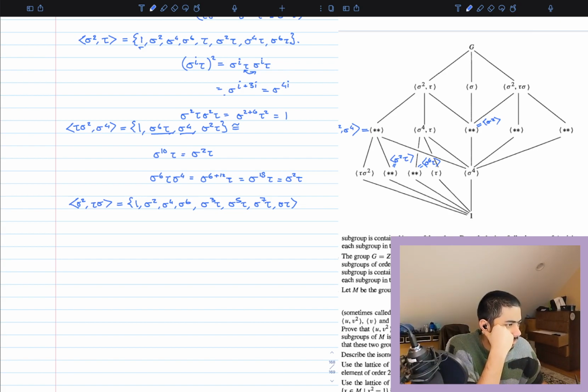So let's see. What is the group here generated by sigma cubed tau? What does that look like? As I said, it's got sigma cubed tau, it's got the identity, it's got this thing squared. Sigma cubed tau squared looks like this.